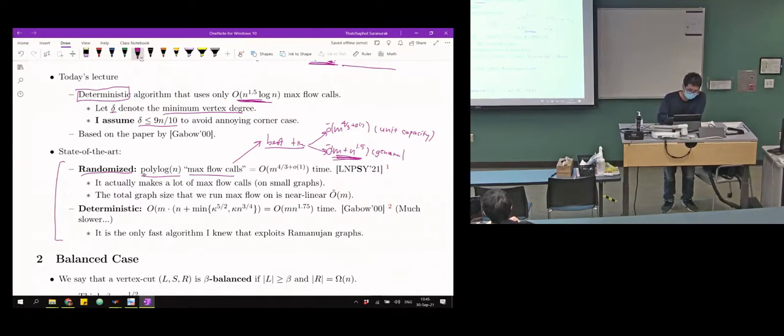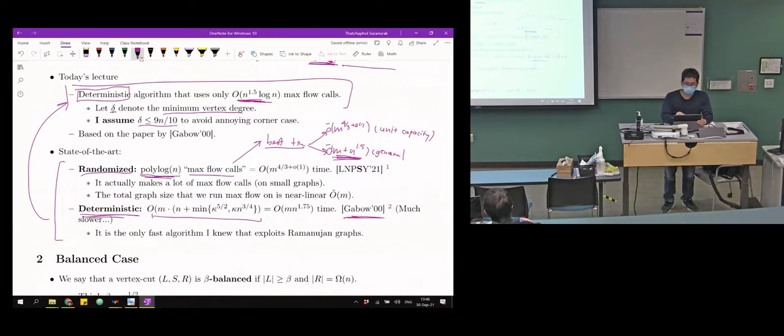For the randomized one, you can do it with a very small number of max flows already. But the deterministic one is the one by Gabow here. The running time stated in the paper is a bit messy, but really what is happening is what I'm going to present today: roughly n to the 1.5 max flows.